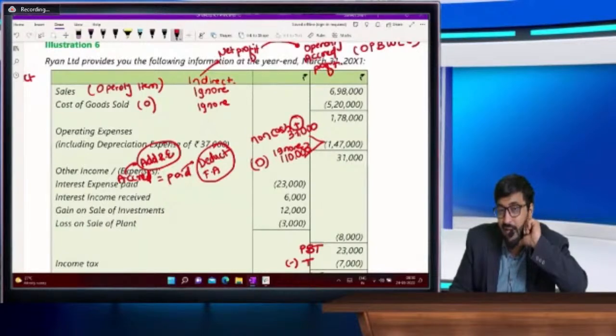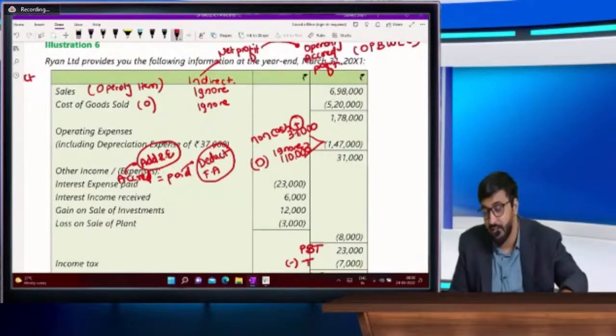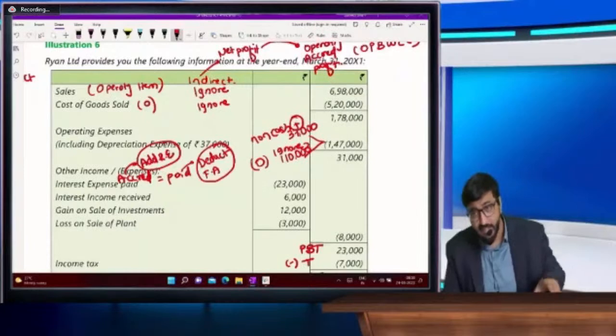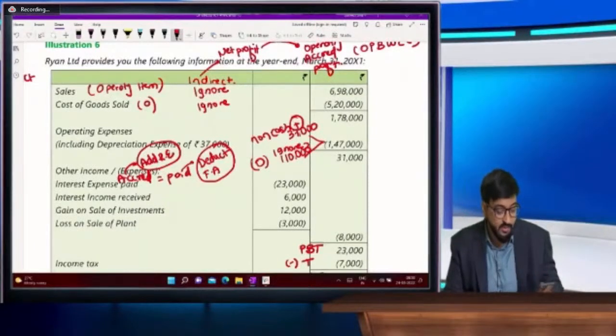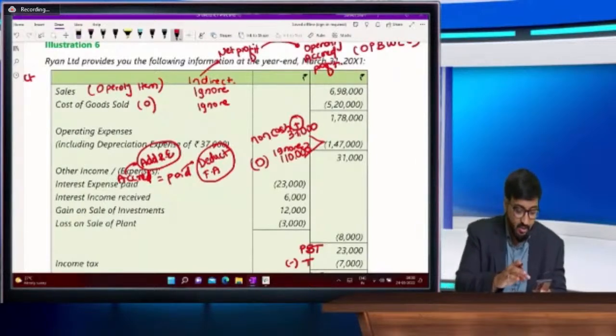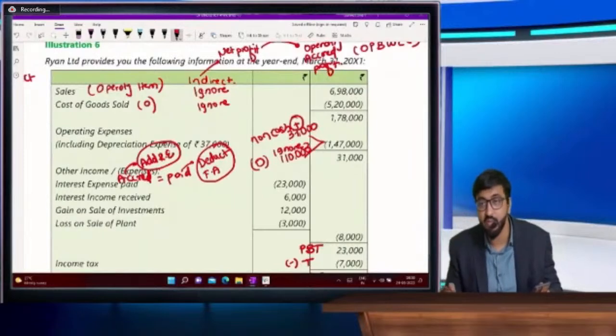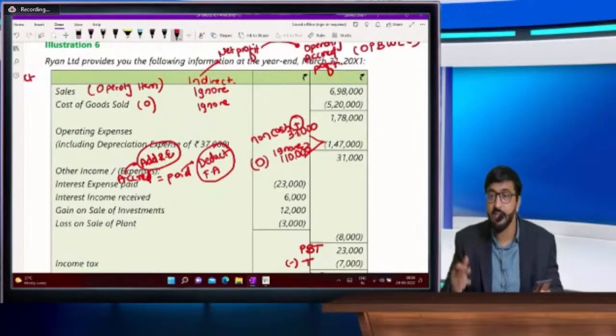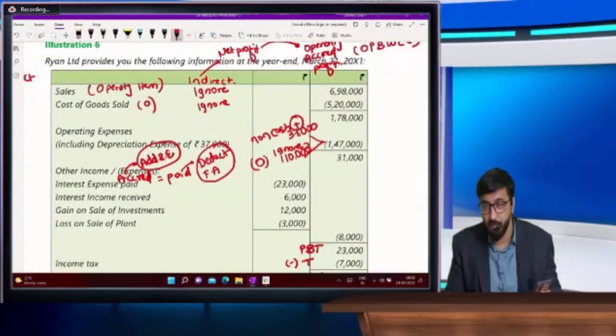I just want to check your clarity. So is paid the correct word or is accrued the correct word? Beta, getting the answer is not important for me. To have 100% concept clarity is important for me.